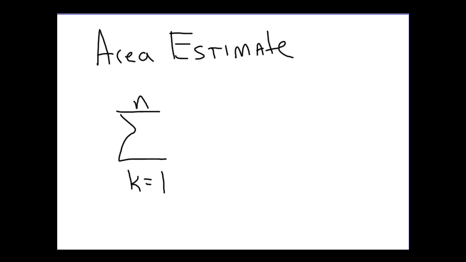This is going to be the n rectangular areas that we're looking at here. And what we're going to have is f of, we'll call it x sub k, so we'll have x1, x2, x3, x4, and we'll define those in a minute, multiplied by the width of our rectangle.